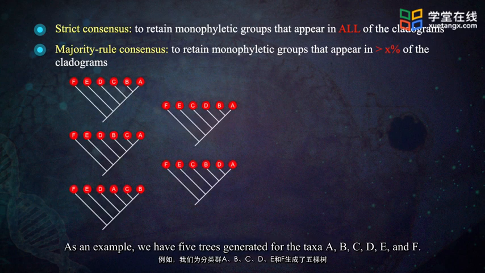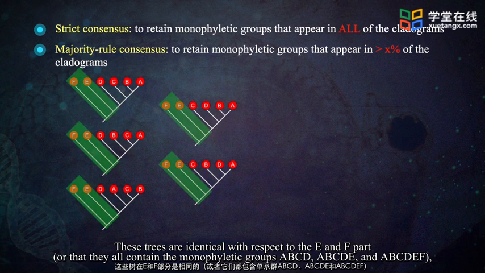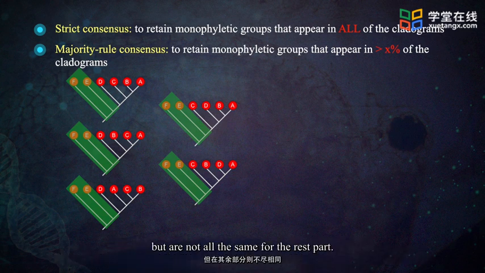As an example, we have 5 trees generated for the taxa A, B, C, D, E, and F. These trees are identical with respect to the E and F parts, or that they all contain the monophyletic groups ABCD, ABCDE, and ABCDEF, but are not all the same for the rest part.